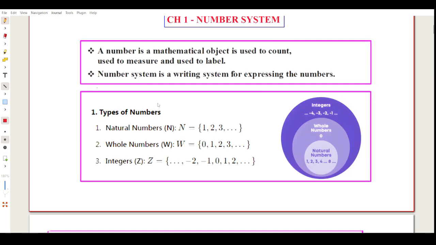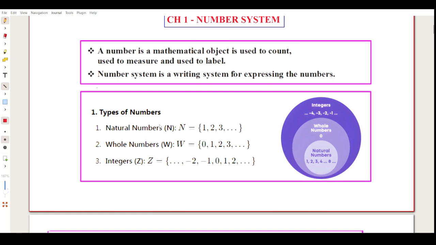So here you must know some types of numbers. Up to grade 8 you would have learned some types of numbers like natural numbers, whole numbers, integers, and rational numbers are also given in the grade 8 book. Now, what are natural numbers? Natural numbers mean counting numbers, starting from 1, 2, 3, etc. Why are they called natural numbers?